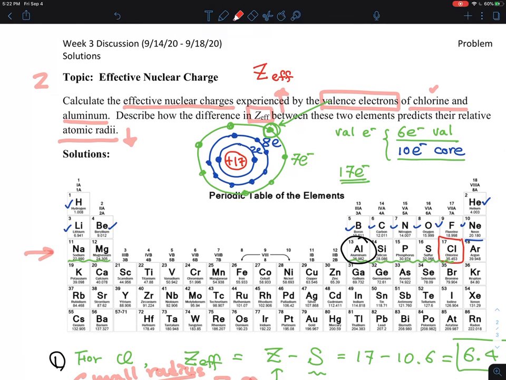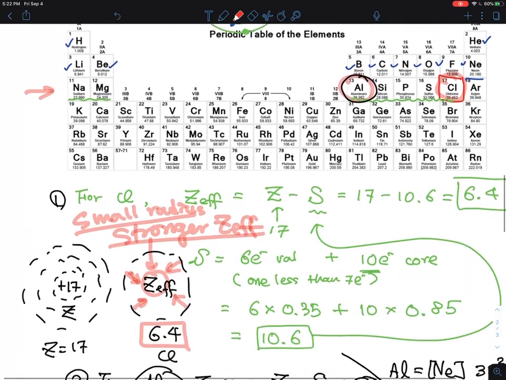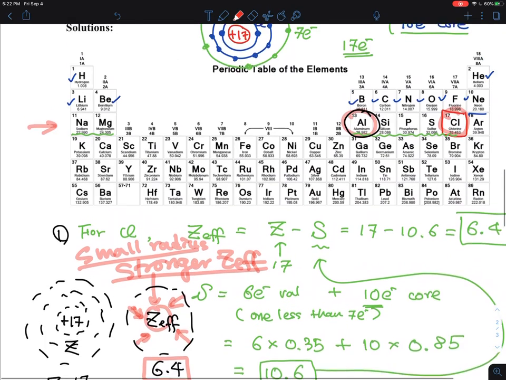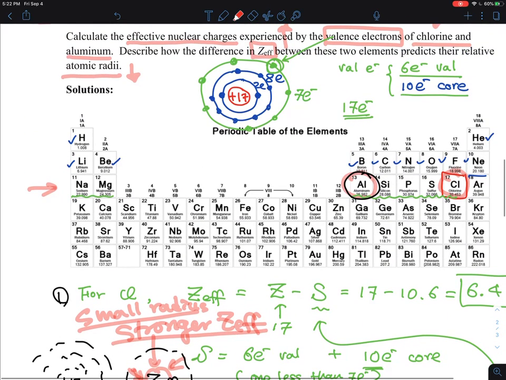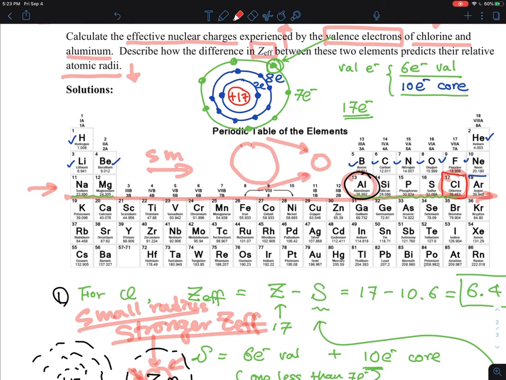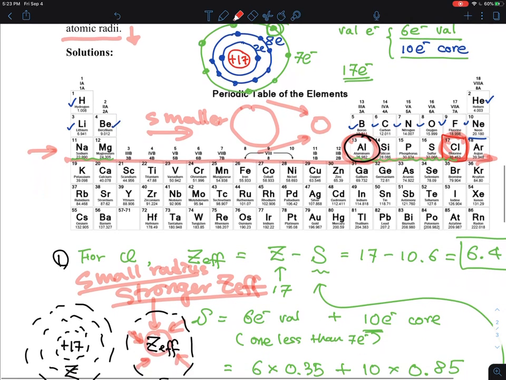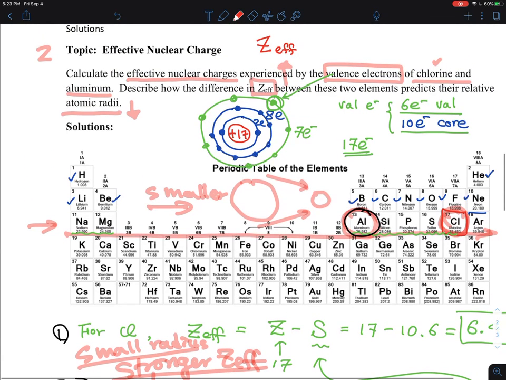Aluminum and chlorine are in the same period. Aluminum's Z effective is 3.8, whereas chlorine's is larger. So this is aluminum and this is chlorine. When you move to this side, the size is smaller. That's why chlorine is smaller than aluminum, and we can explain this using the argument about effective nuclear charge.